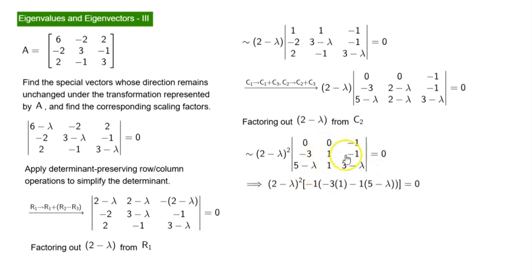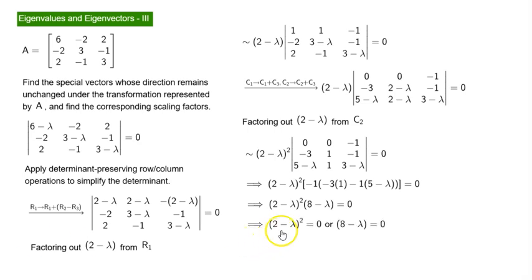And now we actually evaluate the determinant. So 2 minus lambda squared times minus 1 times minus 3 times 1 minus 1 times 5 minus lambda equal to 0. Now simplify to get 2 minus lambda squared times 8 minus lambda equal to 0.